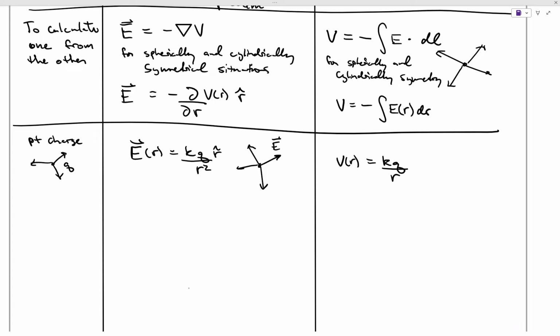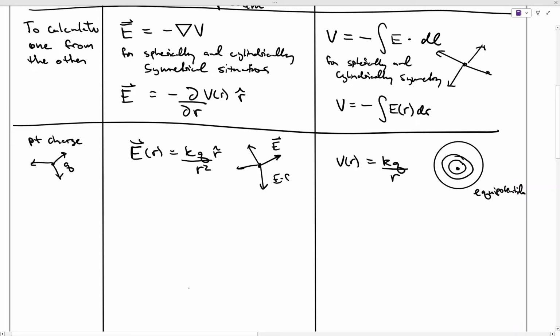We could also draw a diagram in terms of potential, and we did this in class: equipotentials. For a spherical symmetry like this, they would be circles. So that's the point charge configuration.